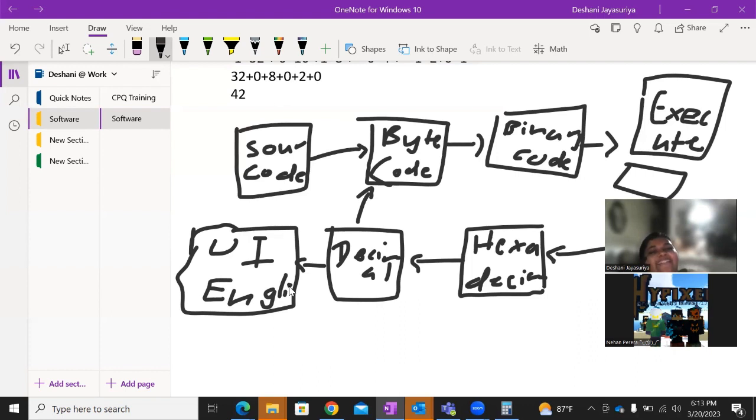Bytecode is something like that, where each of the things that we enter is taken as an object, so easily you can get a binary code attached to it and execute, right? So this is how compiling happens.